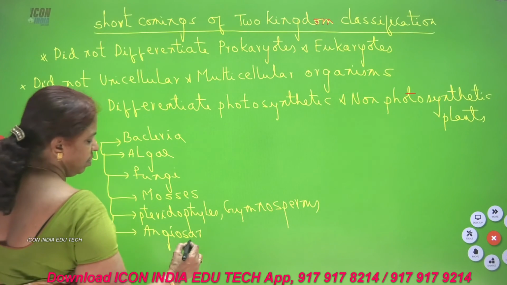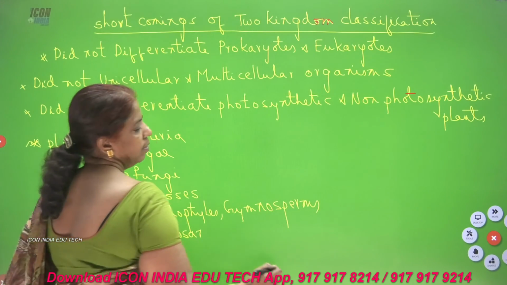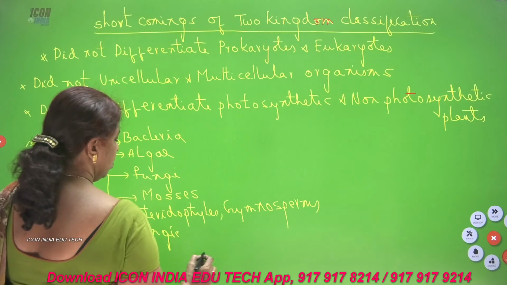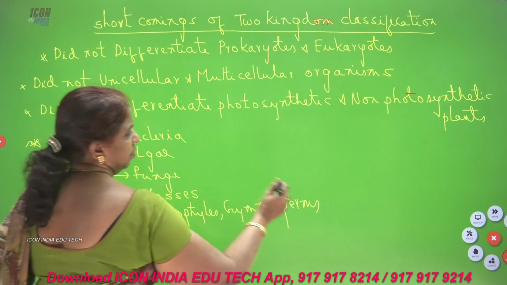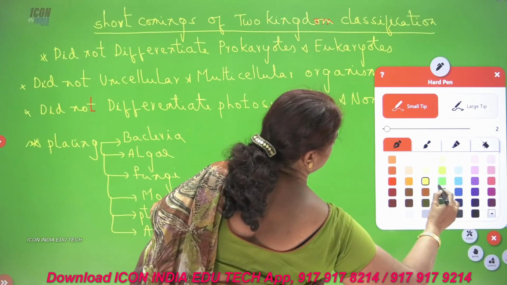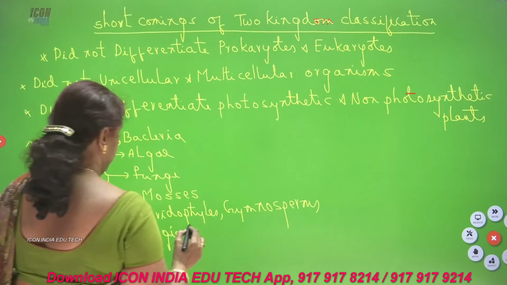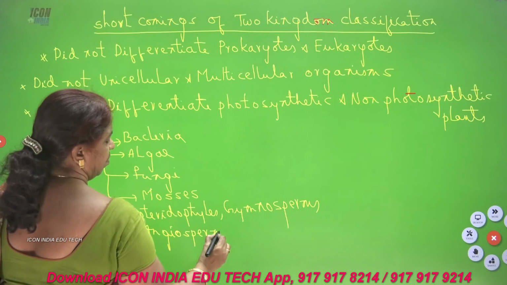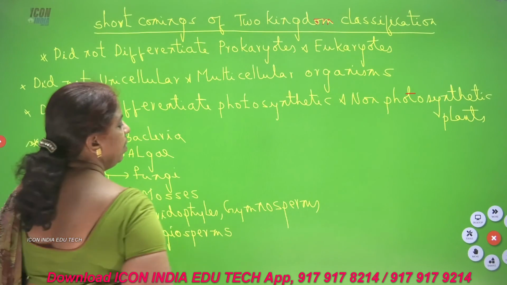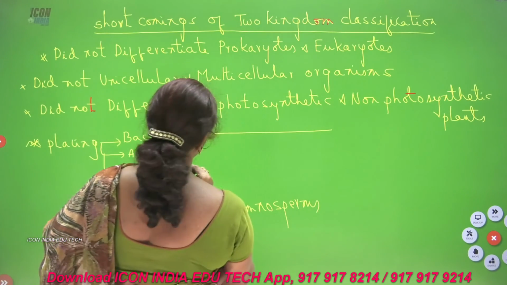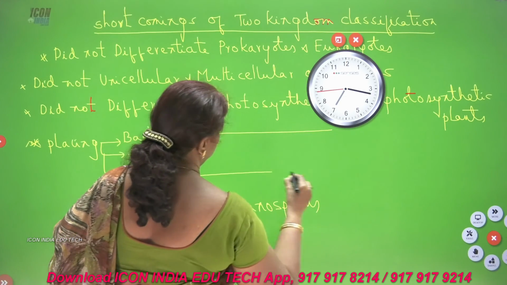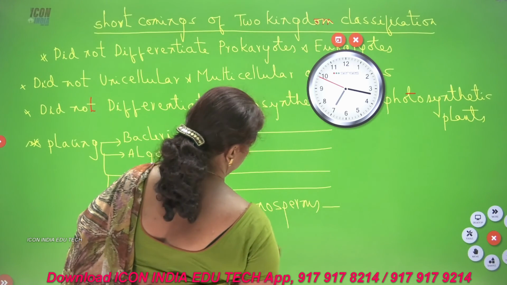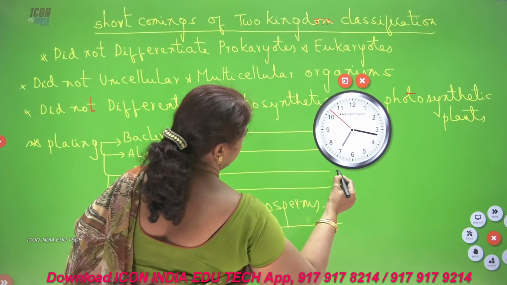Angiosperms and all the others are kept in one group. They follow the same uniform character.